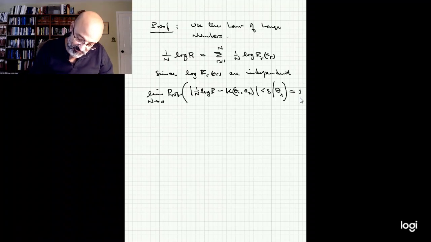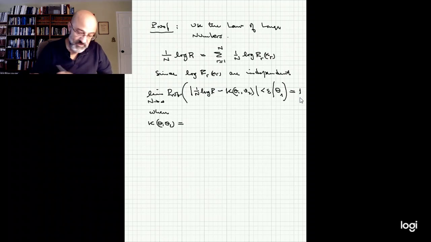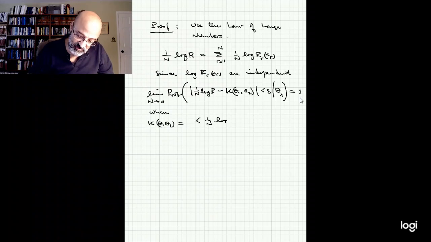What is K? K, theta 1, theta 2 is going to be the average of 1 over n log r of x given theta 1.